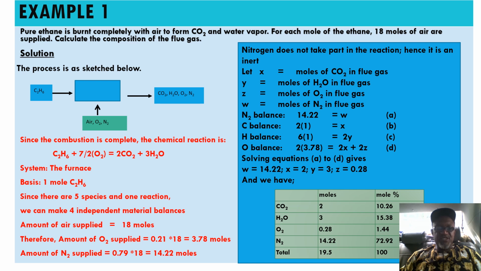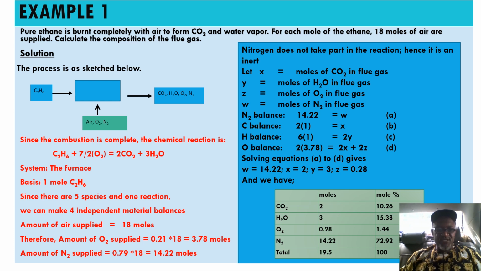Then since the combustion is complete, the chemical equation is written. We're looking at a process with chemical reaction. The system is the furnace. Then we will choose our basis, 1 mole of ethane. Now since there are 5 species and 1 reaction, we can make 4 independent material balances.